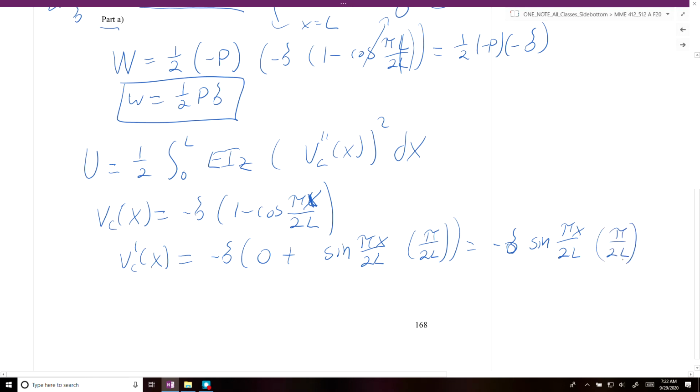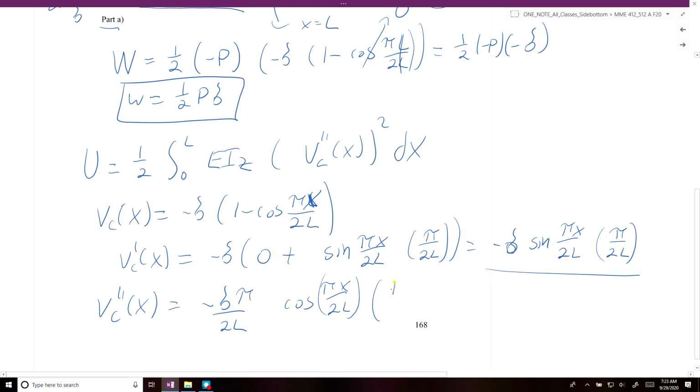Then we can take the derivative of this term, v prime c of x, with respect to x. Again, we end up getting negative delta as a constant, pi over 2L as a constant, and then the derivative of sine is just cosine of pi x over 2L, and then we have to take the derivative of the inside term due to the chain rule.